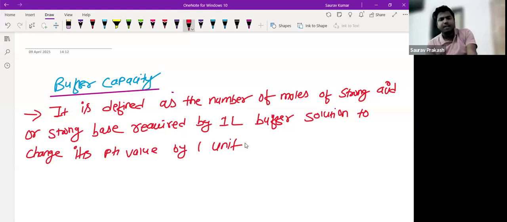So can I write the buffer capacity formula?